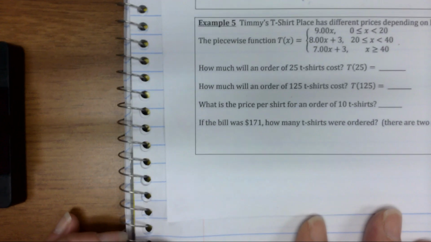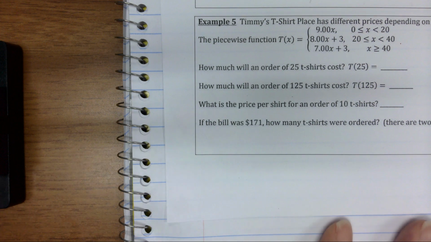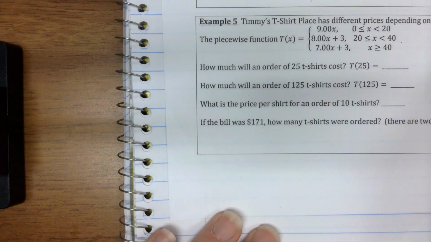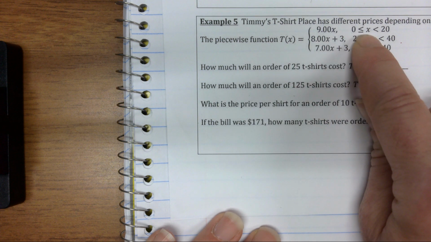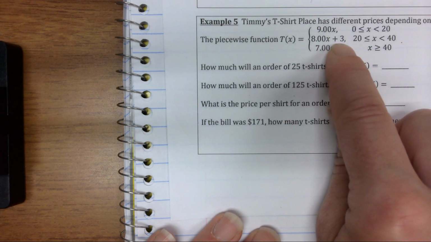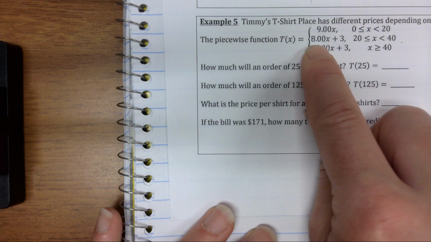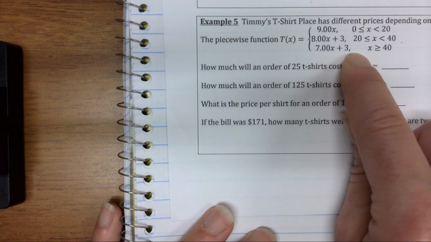Usually there's some kind of reduction in the cost per t-shirt if you order more. So this is saying that it's going to be $9 per t-shirt if you order between and including 0 to 20. This one's going to be 3, must be an initial cost, 3 plus $8 per t-shirt for 20 to 40, and $7 plus 3 for greater than or equal to 40.